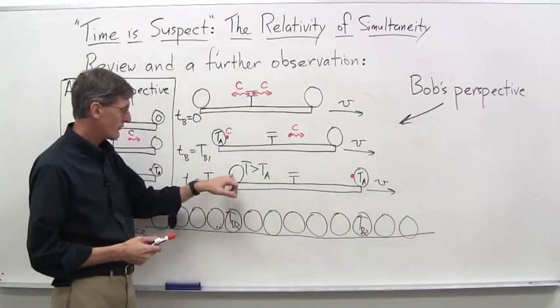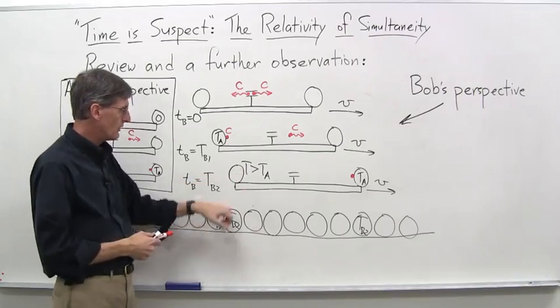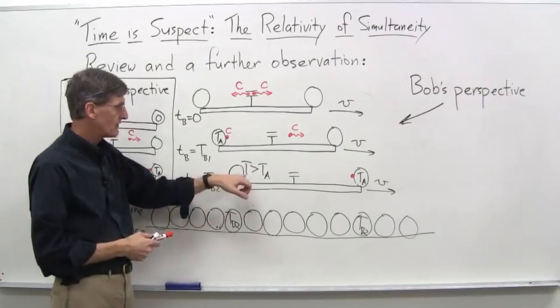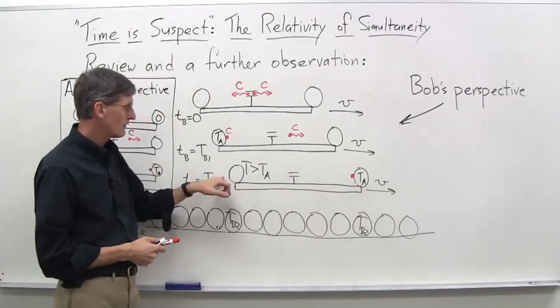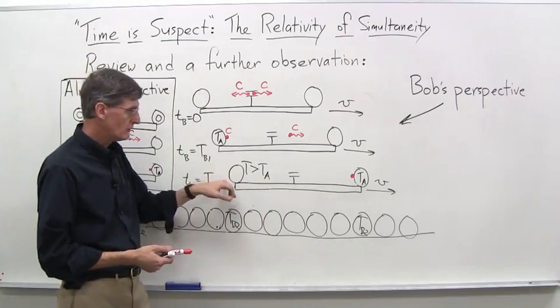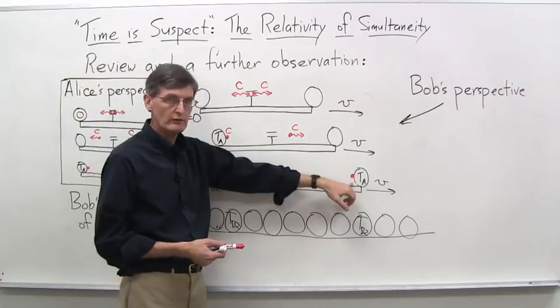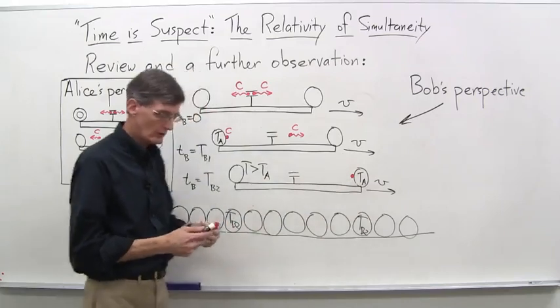He also, though, says, hey, my clock back here also reads TB2, and I just took this picture. But your clock is going to be at time t greater than T sub A. So the rear clock is going to be a higher value than the front clock here, as Alice moves on.